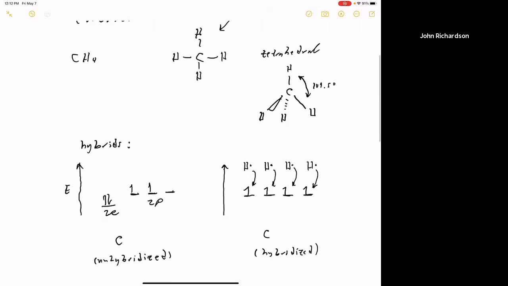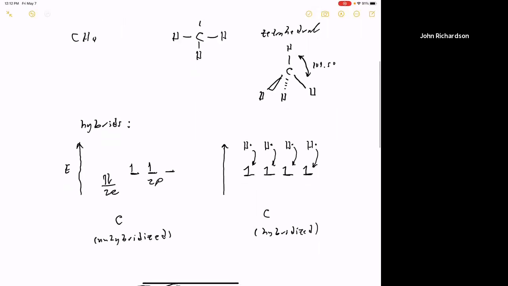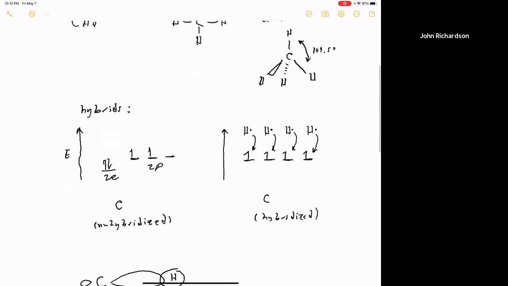So rather than using atomic orbitals like regular s and p orbitals, what we need to do is take s and p orbitals and hybridize them. Essentially, I can focus on the carbon atom. Here's an unhybridized carbon atom. We have two 2s electrons, and then at a slightly higher energy, our two p electrons, each one inhabiting its own p orbital.